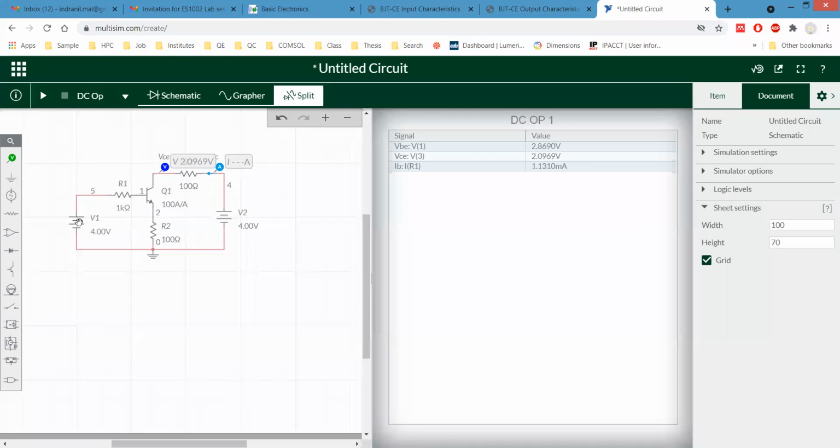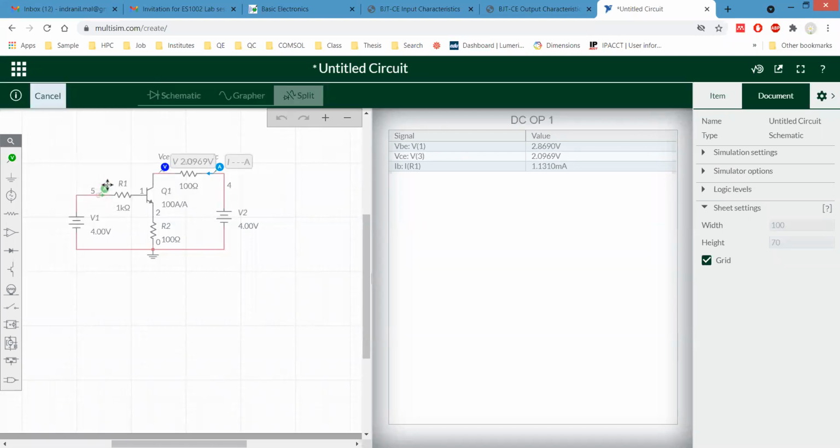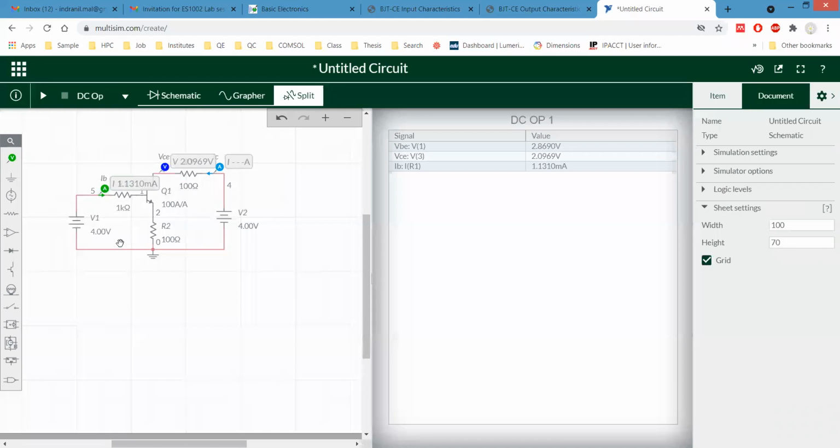So instead of that, we have to use another current source over here, and this is IB. For a particular value of IB, we'll have to take some data for collector current, which is in the opposite direction.